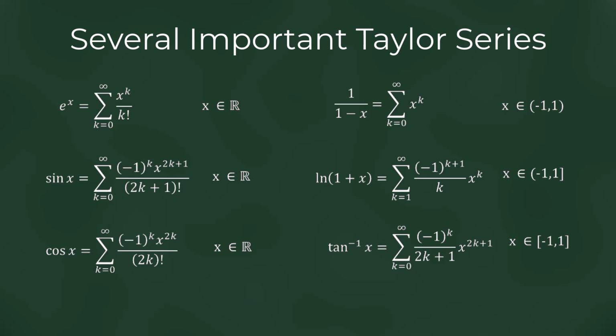The function 1 over 1 minus x is equivalent to the geometric series x^k, but it only converges on -1 to 1, and that is where it's exactly equal to its function value. Natural log of 1 plus x, we get a slightly larger interval where you get to include 1 this time and converge and equal the function over that whole interval. And then the inverse tangent of x is equal to its Taylor series expansion across the closed interval from -1 to 1.